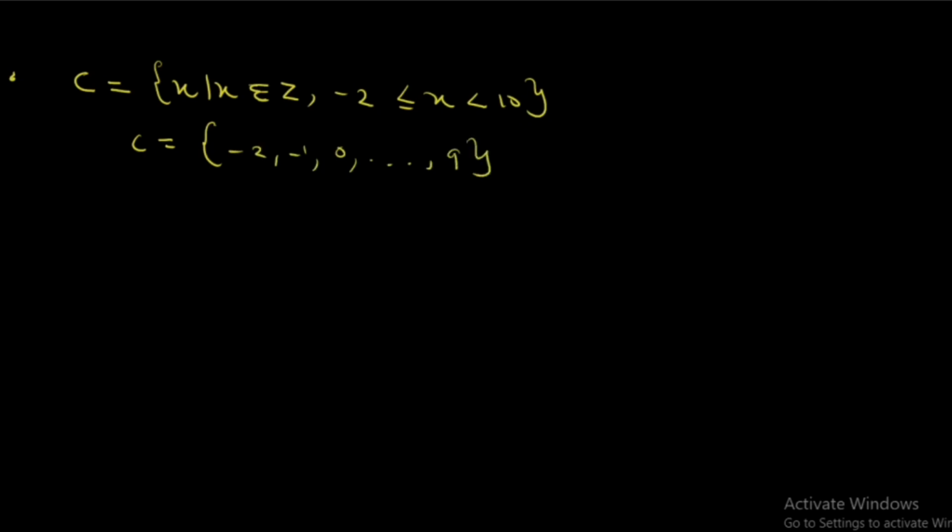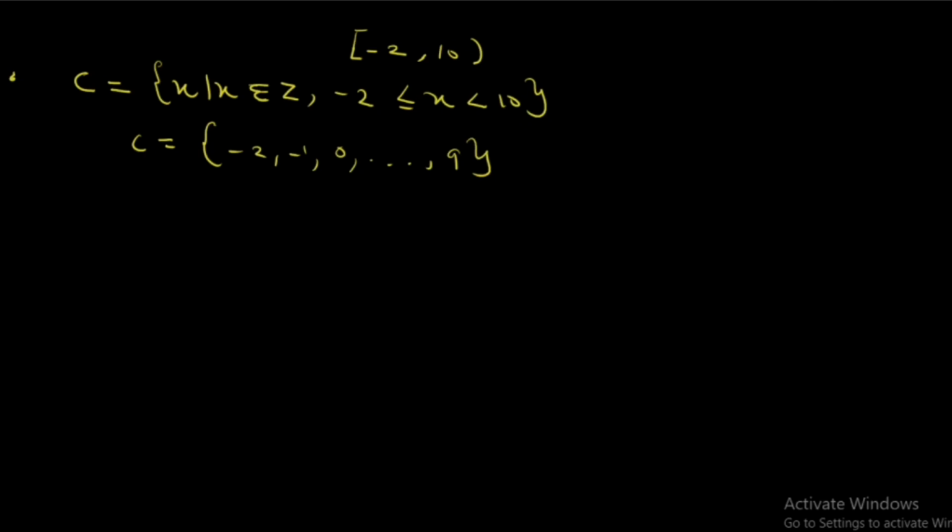So how do you read this? C is equal to x such that x belongs to Z, in which Z represents the integers, and x is greater than or equal to -2 and less than 10. So we could write this as closed at -2 but open at 10.